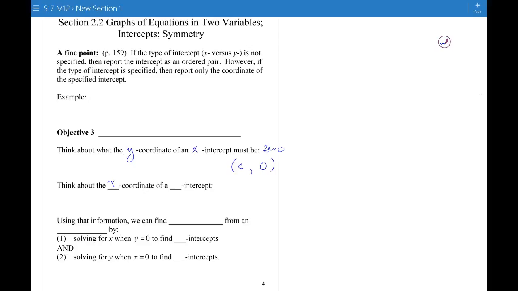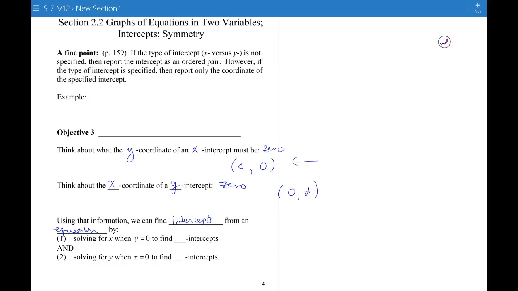And now think about the x-coordinate of the y-intercept. Make a picture in your mind, y-intercept. Oh, the x-coordinate has to be 0. So that means every y-intercept is going to look like (0, d). Using that information, you can find intercepts from an equation by solving for x when y is 0.